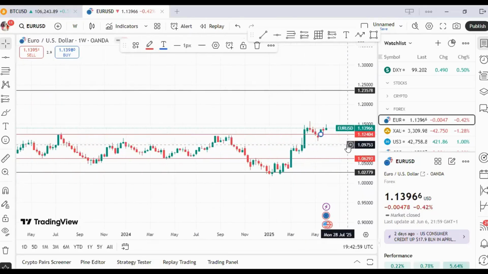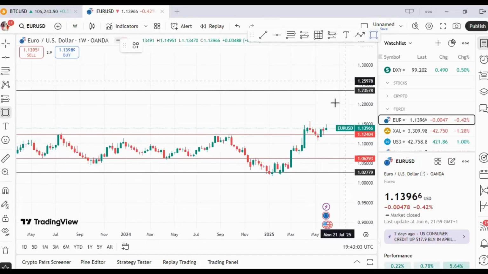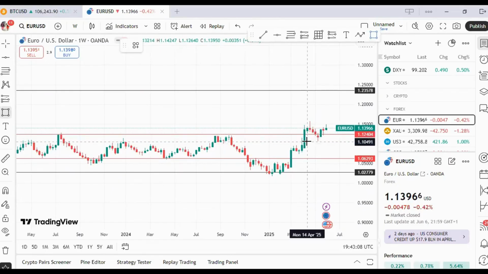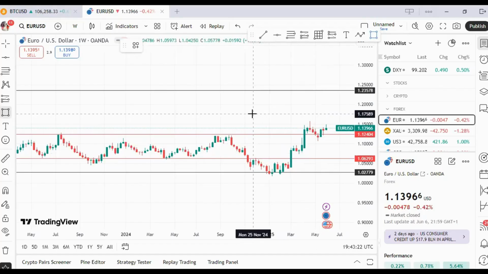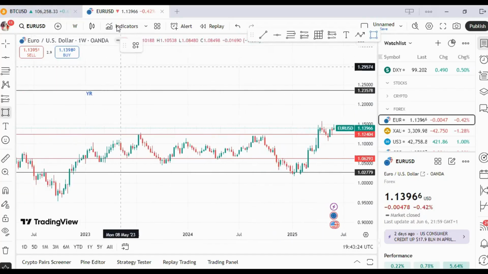The only thing I'll be spotting here as a trader is this imbalance, which 50% has been corrected. So I'm not supposed to be looking for more correction here. But if it was just in this imbalance, I would have been looking for a correction. So now let's move over to our daily.